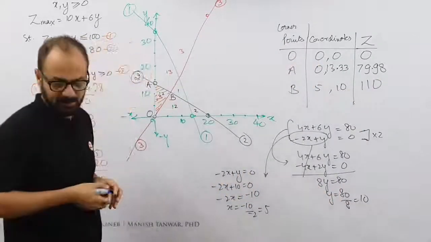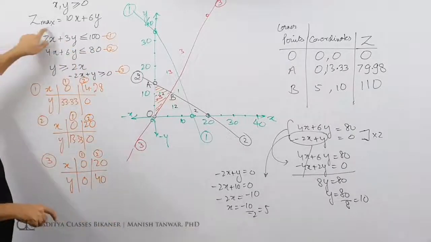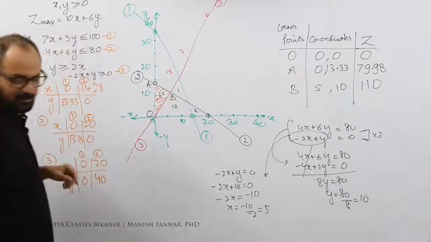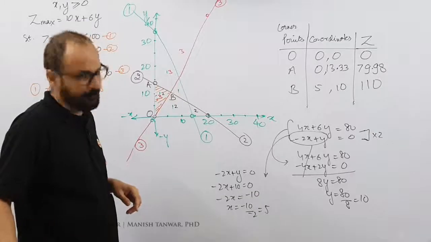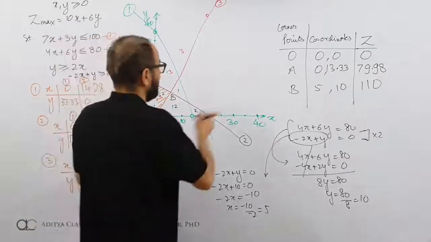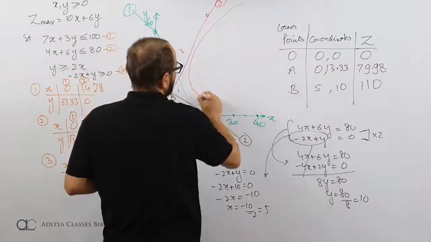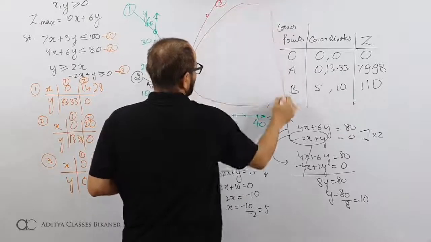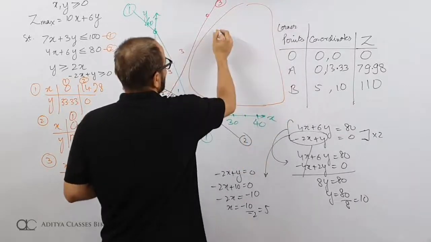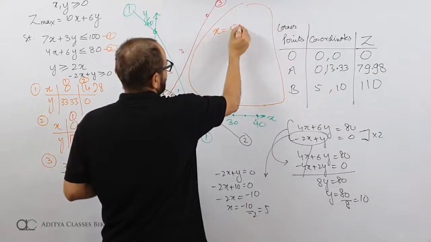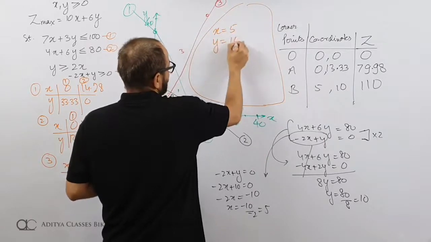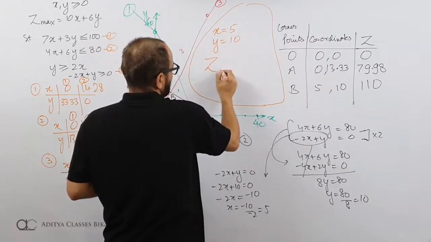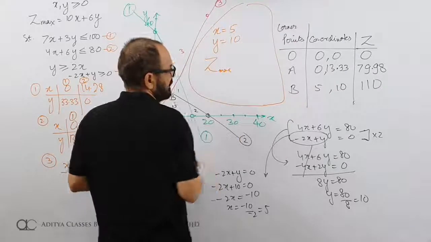Now, can I tell what is the value of Z max? My answer would be, the solution of this problem would be x is equal to 5, y is equal to 10 to give me a Z max.